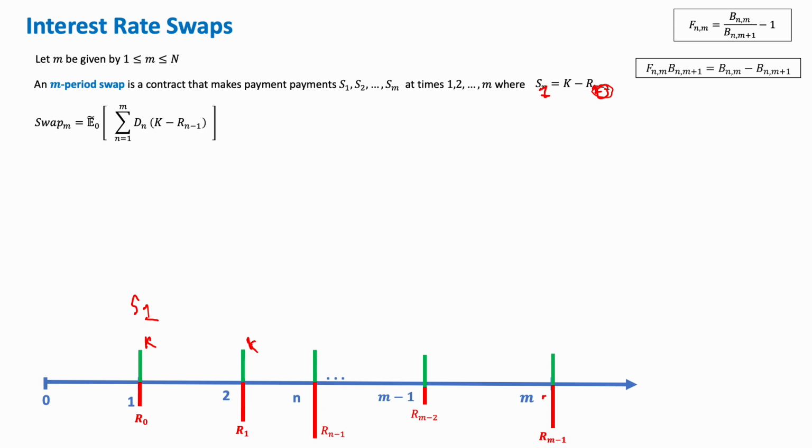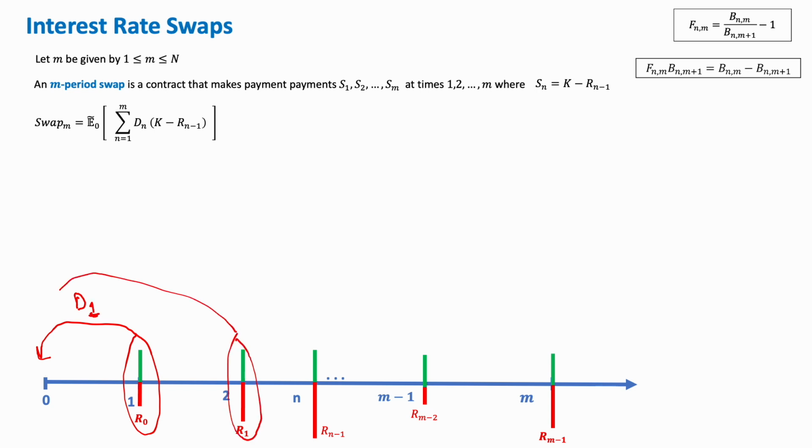So now to be able to price this contract, naturally what we need to do is take each of these separate cash flows and discount them to the present. So the cash flow at time 1 is going to be discounted by D1, and the cash flow occurring at time 2 is going to be discounted by D2, and then we just do the summation, right? And that's exactly what's happening here.